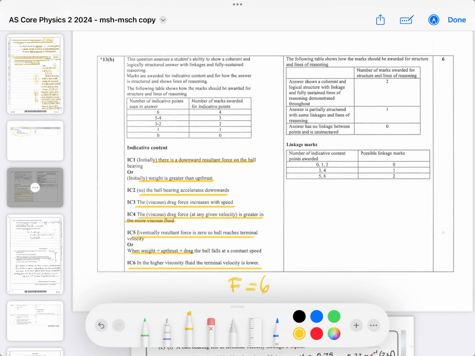F equals 6 pi constant, R constant, eta greater. So if eta is greater and you're balancing the same weight and the upthrust the same, the velocity will go down if eta has gone up. Hope that makes sense. And then they'll give you 4 marks for this content that I've written down, and then they'll look at your reasoning and they can give you 2 marks for the structure of your writing.